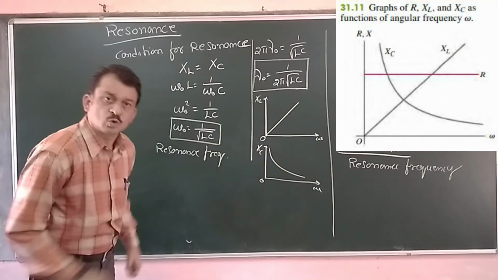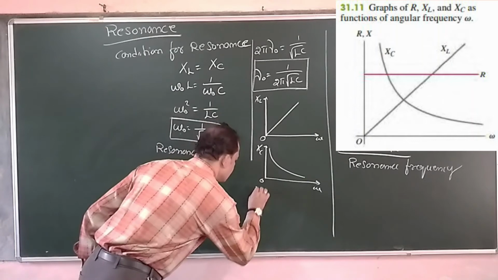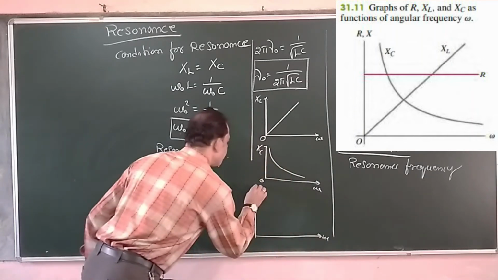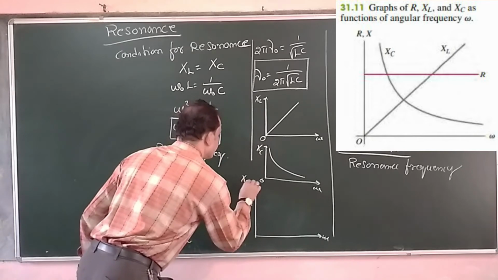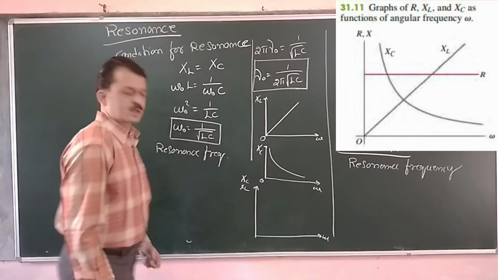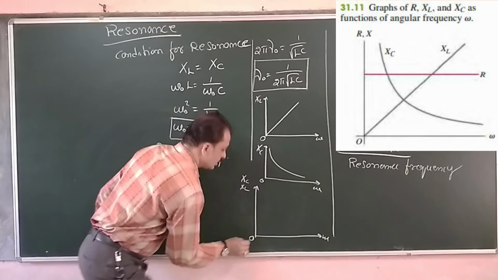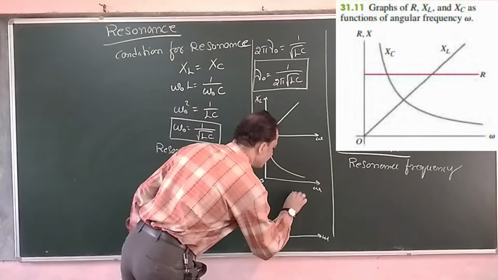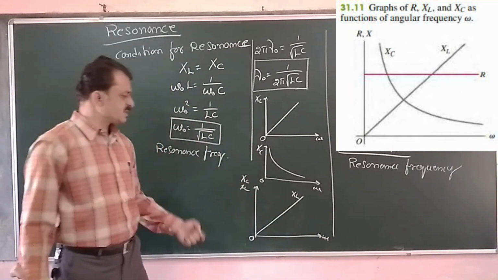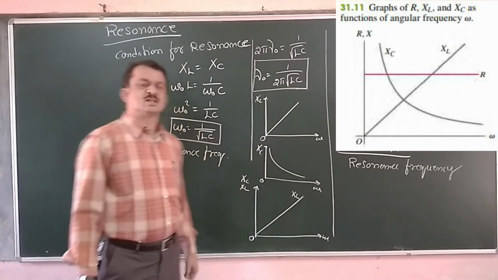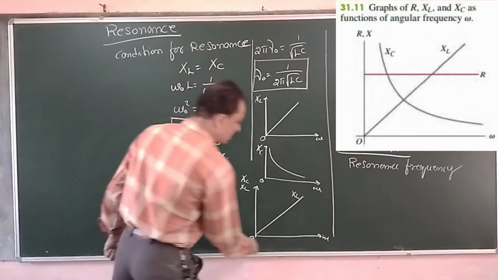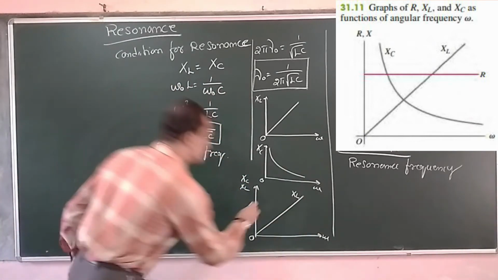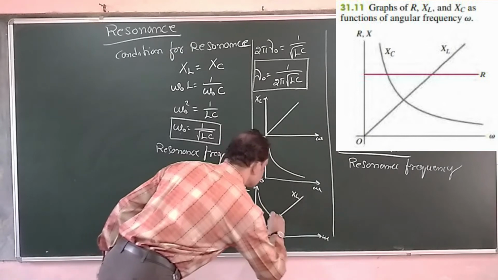If you combine the two curves, XC and XL are both on the same graph. As frequency increases, inductive reactance also increases. At the same time, as frequency increases, the capacitive reactance goes on decreasing.